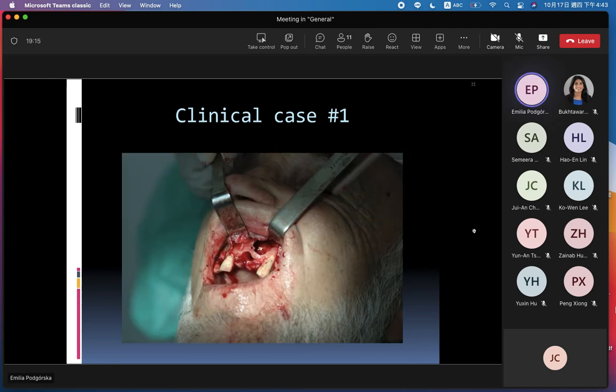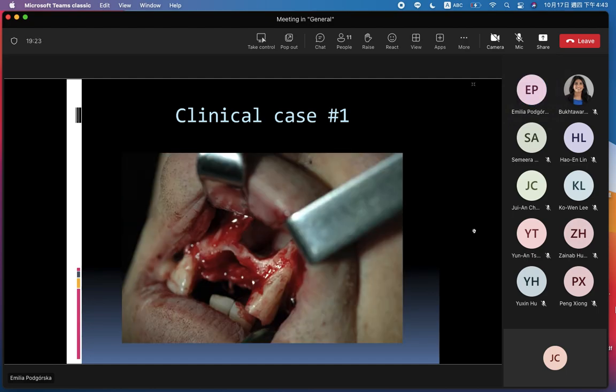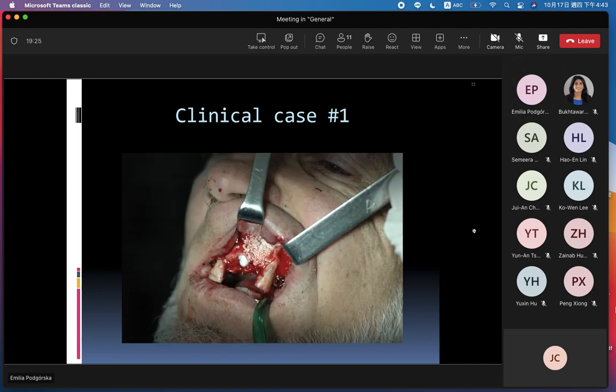And this is after curettage of that cyst. There is a hole in the jaw. We can insert some bone-like material into the cavity to make healing easier.